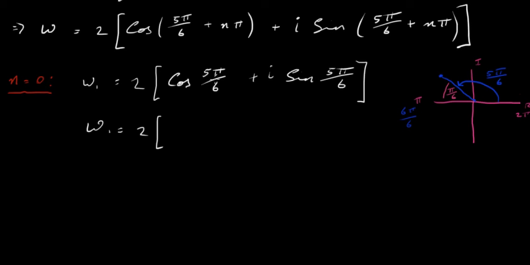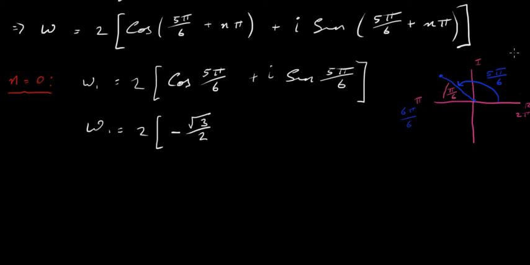So let's have a look at the cos of 5 pi over 6. The cos of 5 pi over 6 is the same as the cos of pi over 6, which is root 3 over 2. Now, this angle is in the second quadrant, and remember, cos in the second quadrant is negative, so we've got to put our minus sign in front.